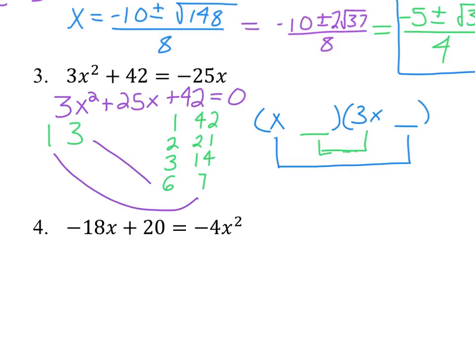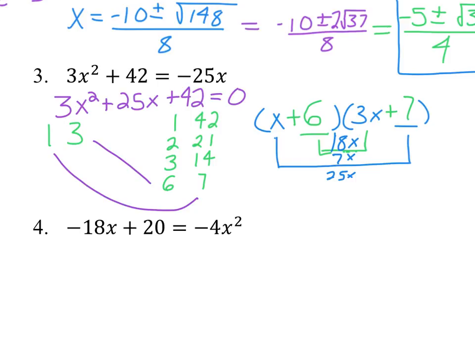So the 3 is multiplying the 6, so the 6 goes here, and the x is multiplying the 7, so the 7 goes over here. And so that's what we get. So again, what I'm talking about there is that this is an 18x, and this is a 7x. Add those together, we get 25x.